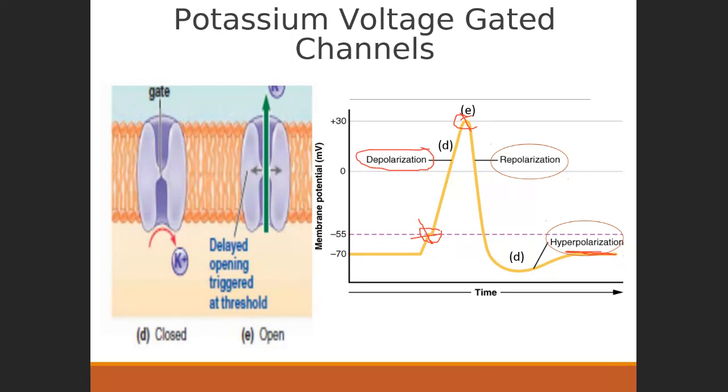The potassium voltage gated channels open up here where the sodiums leave off. Potassium floods out, giving us our repolarization period, but they slam shut real slowly, giving us the hyperpolarization phase. And that's how both of those channels are going to work together to give us the full pattern of our action potential.